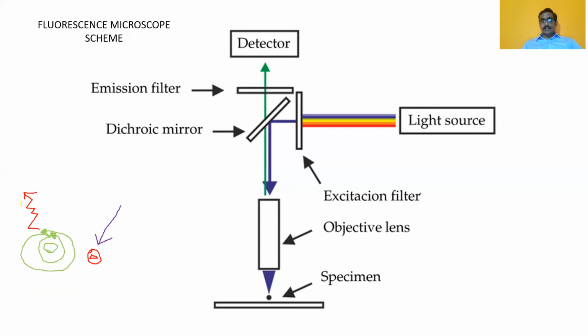And this electromagnetic radiation that we just saw here is going to be passed back through your objective lens, and it's again going to hit your dichroic mirror. Now it's a high wavelength electromagnetic radiation, so it's going to pass through your dichroic mirror. I just explained how a dichroic mirror works.